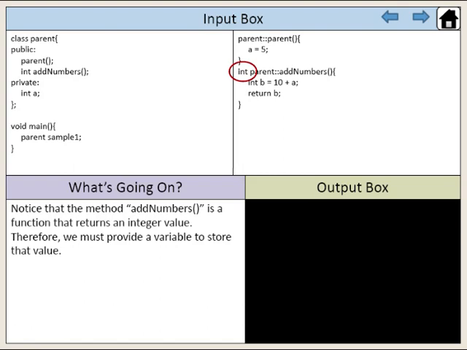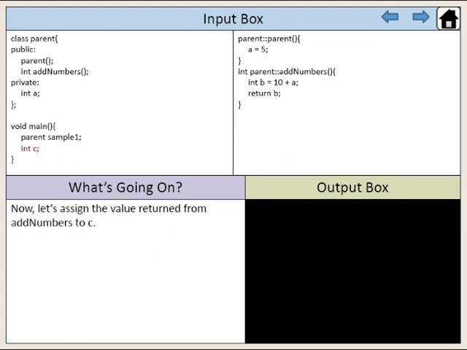Therefore, we must provide a variable to store that value. We'll call the variable C and provide it an int data type. Now, let's assign the value returned from addNumbers to C.